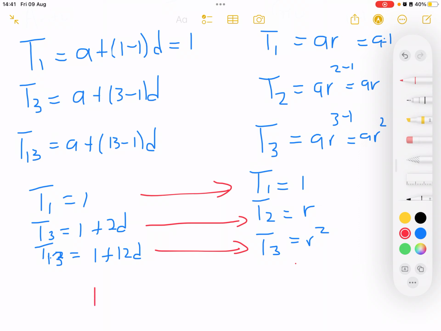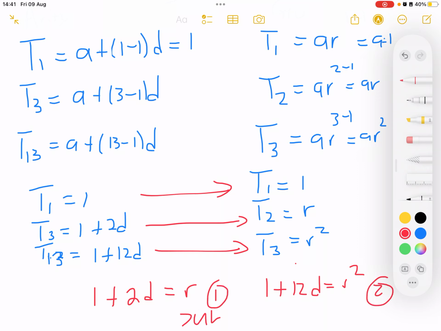Let's start with that. 1 plus 2d is equal to r, and also 1 plus 12d is equal to r squared. So this looks like equation 1, equation 2, substitute equation 1 in equation 2.